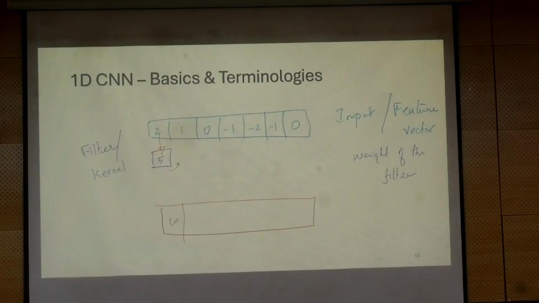So if it is stride 1, once this convolution operation is done here, this 5 will be moved to the next position. So this is what I want you to understand very clearly.